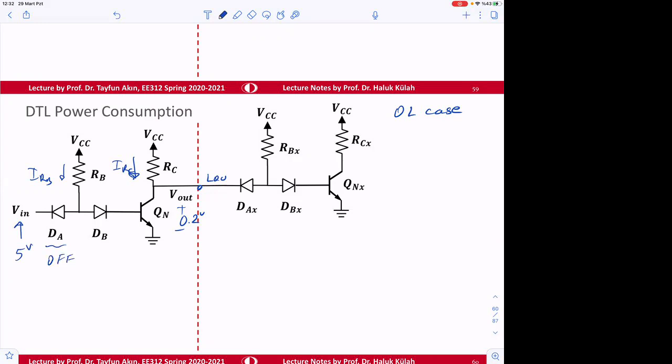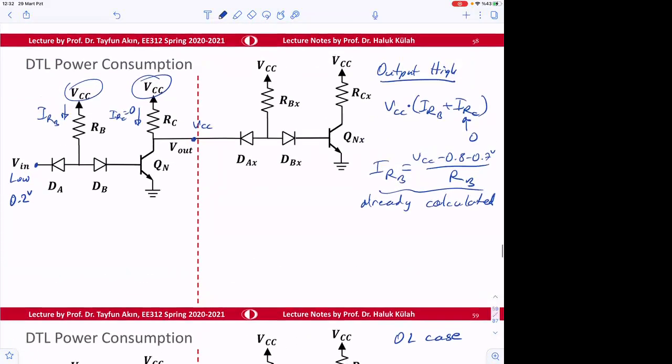Okay, so here, did I make a mistake here? Low IRB was a mistake. Sorry. Wow. Nobody is warning me. This one, I mean, this one is off, right? This one is off. This one is on. This one is 0.9 volt.